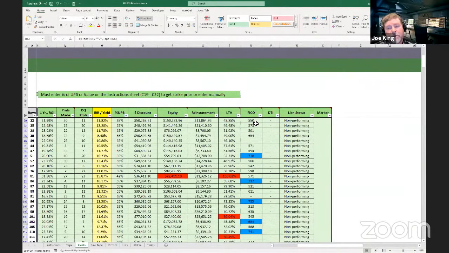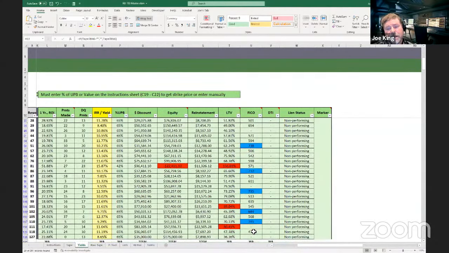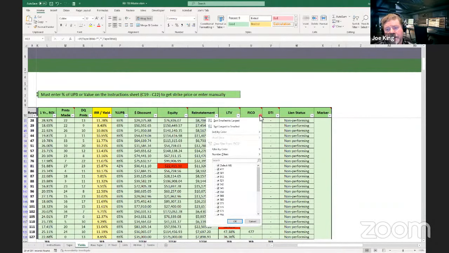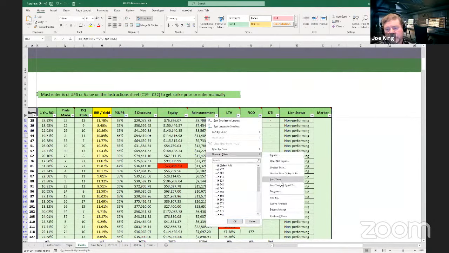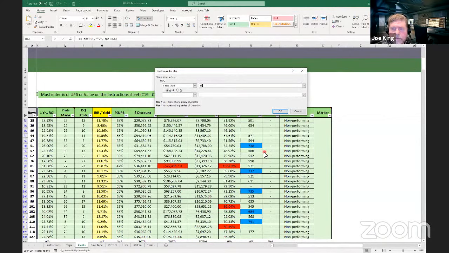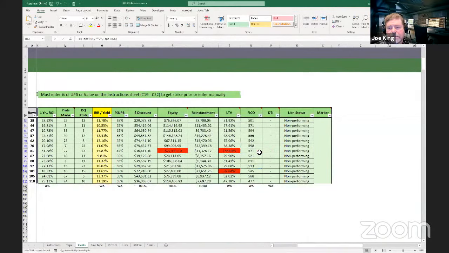Okay, so I'm going to want to make sure that FICO score is pretty high. Now, I don't really want to touch anything that's too small. So I'm going to say, show me everything that is 630 and below. Oops, hold on.